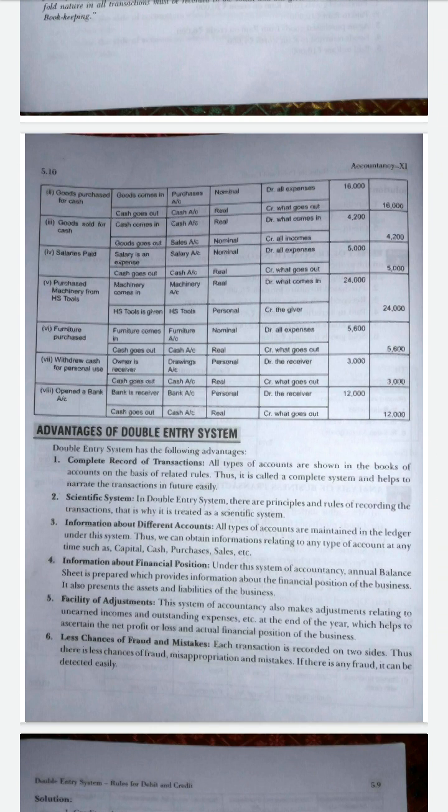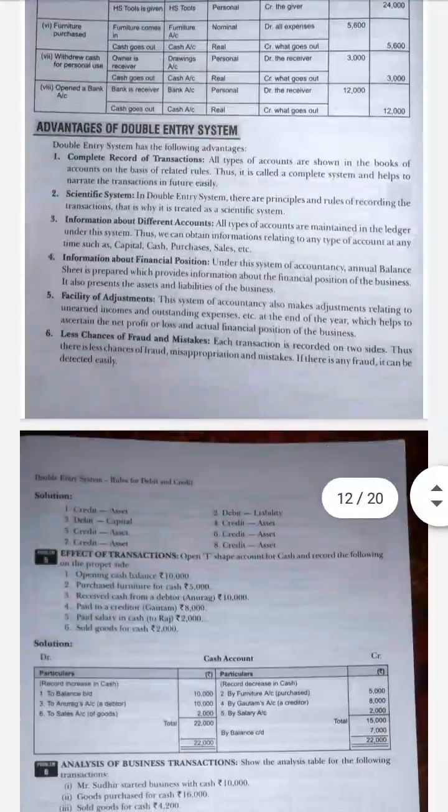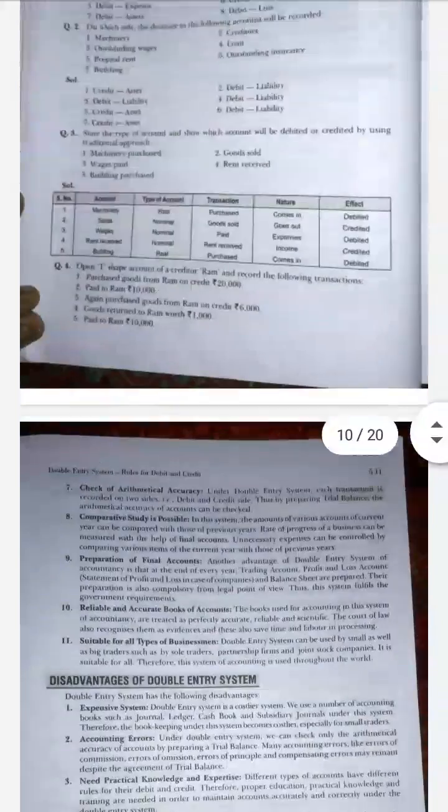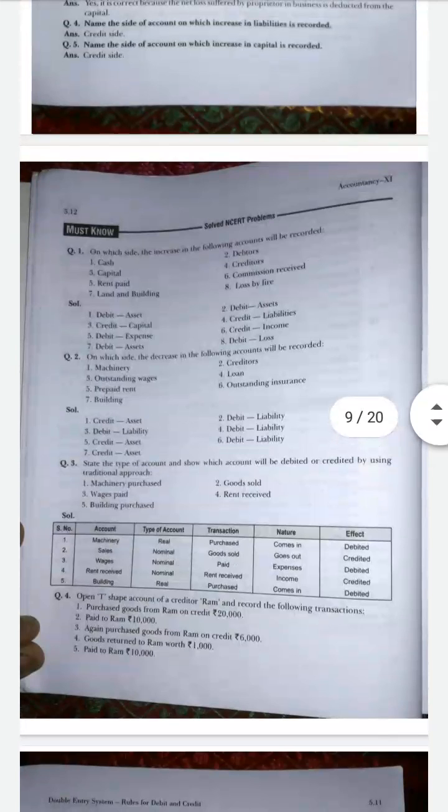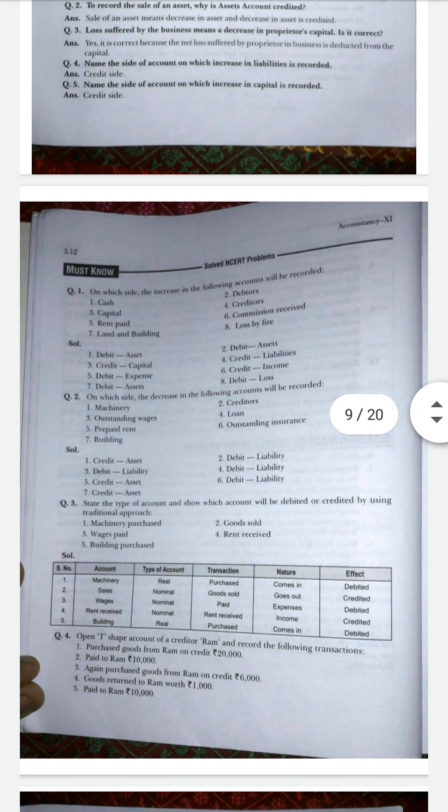Understood? So next are the advantages and disadvantages. We already studied the advantages of the double entry system and the disadvantages of the double entry system. Okay, so that is the theory part. Next there are solved NCERT problems. So read the question. It is very easy, do it by yourself, but the solutions are also attached.